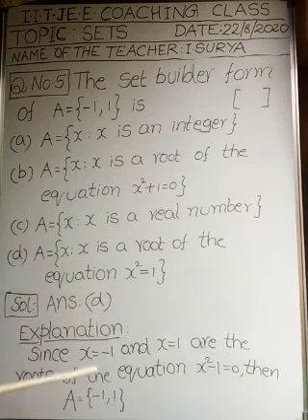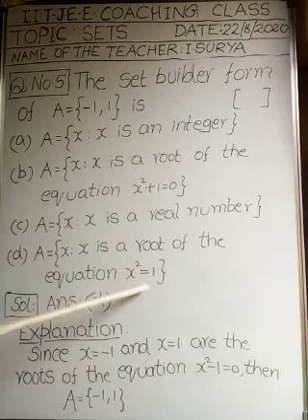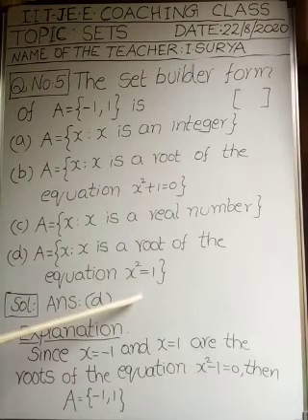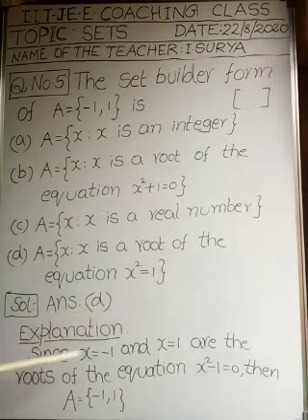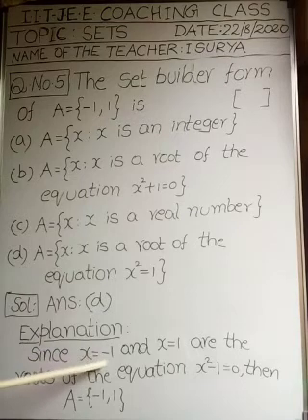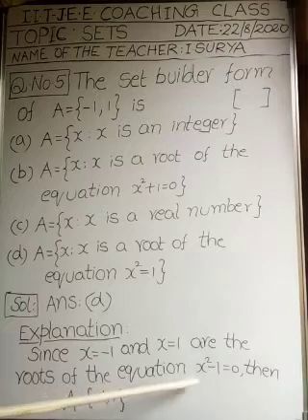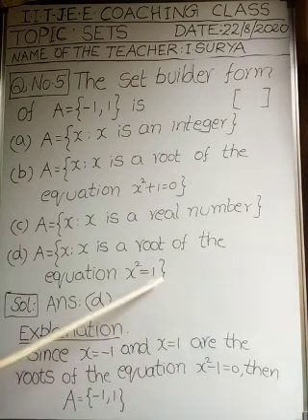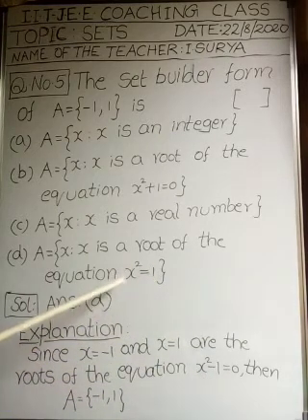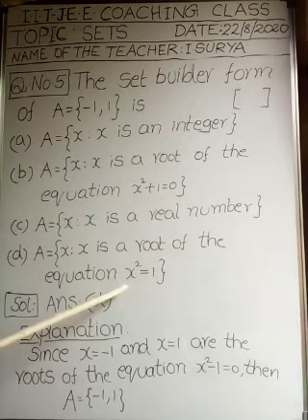Let us see the explanation. Here x square is equal to 1. If you find the roots of this equation, we get x is equal to minus 1 and x is equal to 1 are the roots of the equation x square minus 1 is equal to 0. If we are taking this side 1, it becomes minus 1.